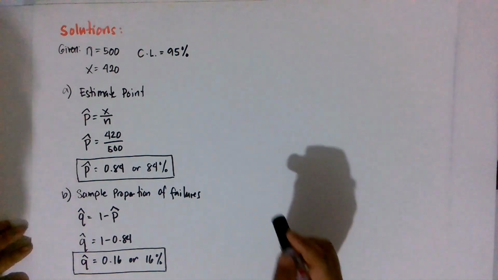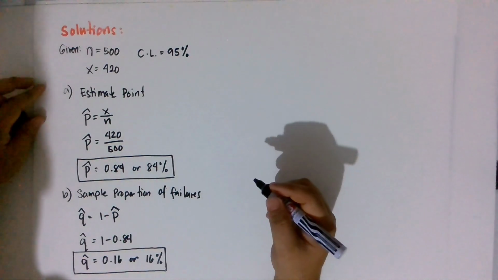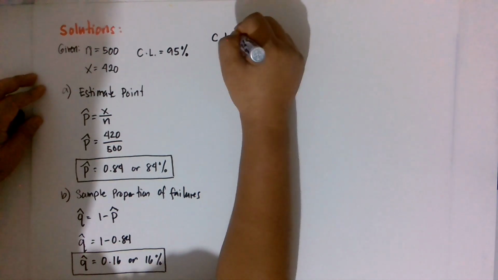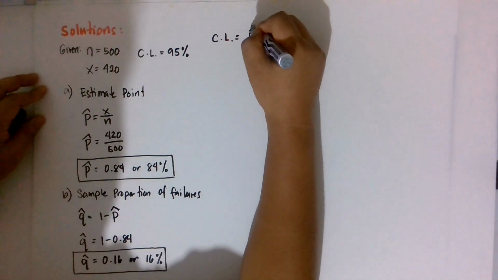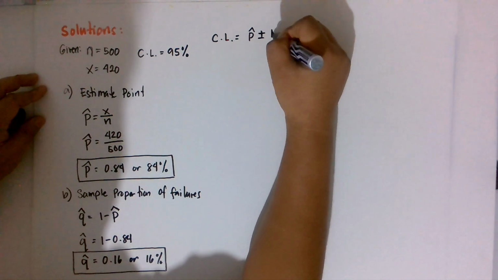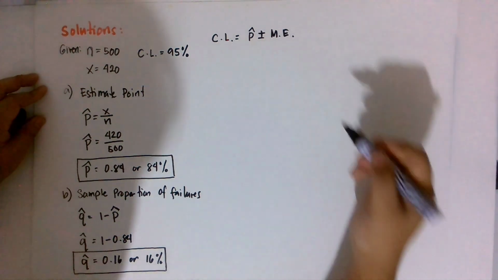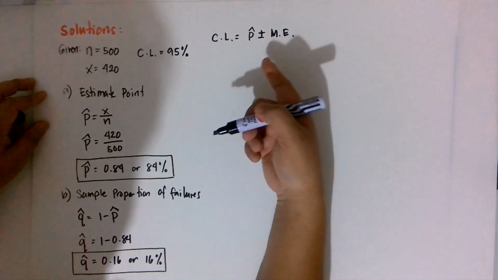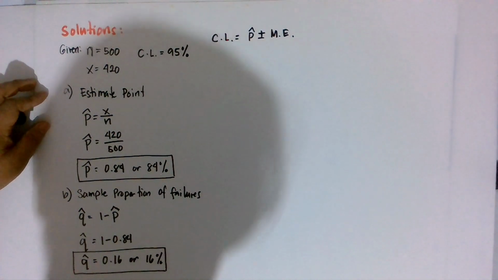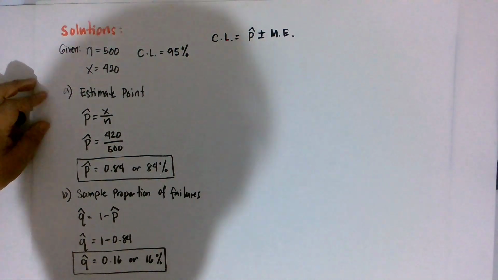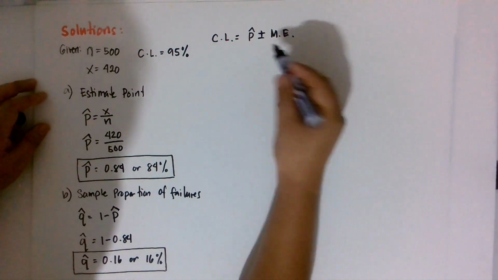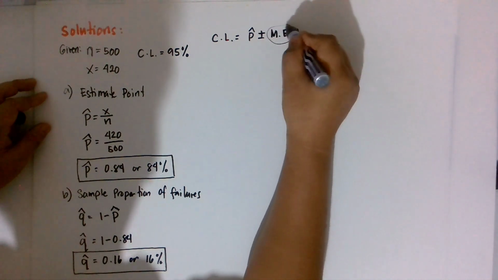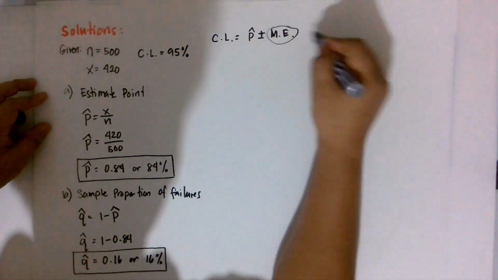Now we will be getting the confidence interval. Okay. Now, as I've mentioned earlier, confidence interval is the sum and difference, or plus and minus, of p hat and the margin of error. And again, yung margin of error, sinabi ko na kanina, that is actually the product of the Z critical value and the standard error.